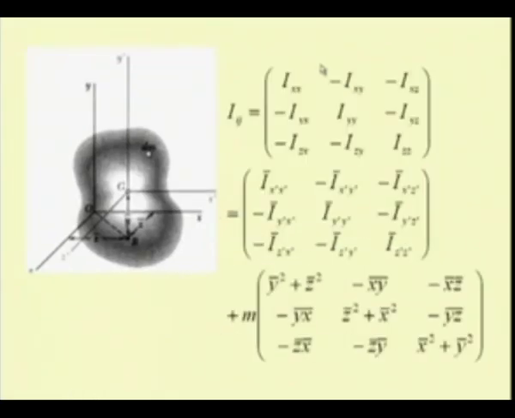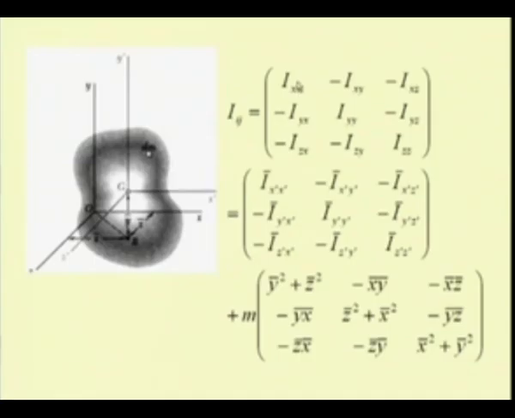Now, let us try to write this in the matrix form, that is the inertia tensor. So, we have this quantity Ixx minus Ixy minus Ixz. This tensor is the inertia tensor in the coordinate frame O, x, y, z. Now, each of these terms can be written with respect to the term in the centroidal axis by the parallel axis theorem.